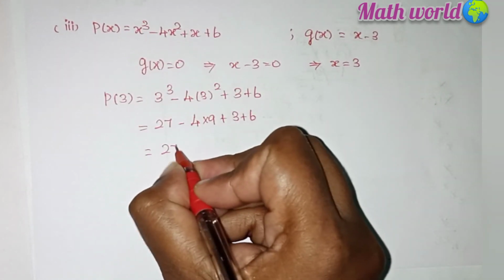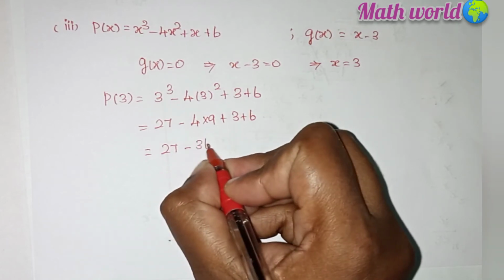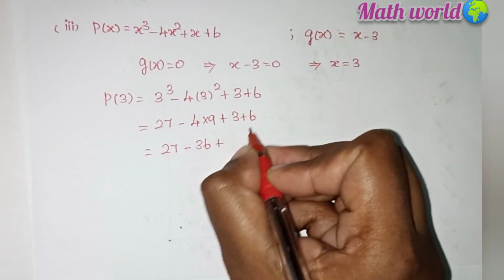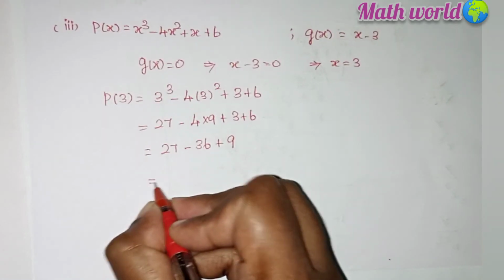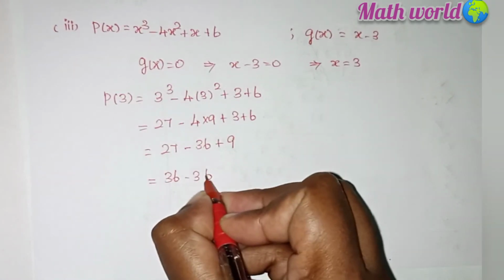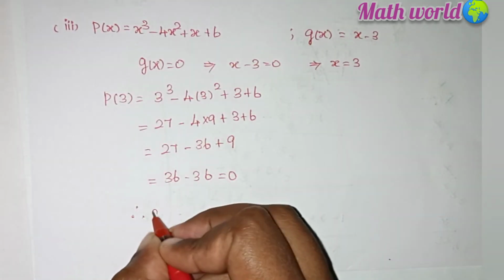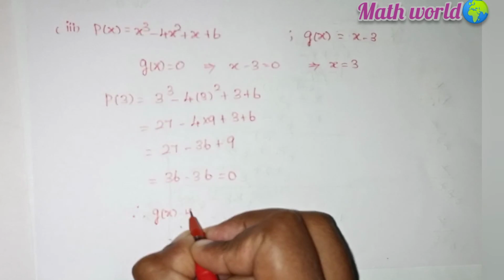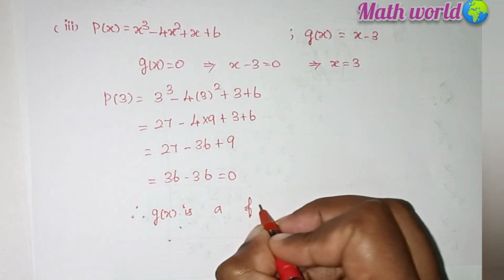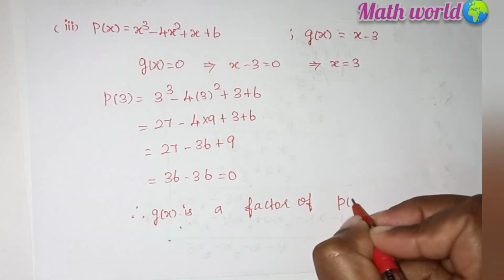So 27 minus 4 9s are 36, plus 3 plus 6 is 9. So you can add these two. It is 36 minus 36. That value becomes 0. So you can tell that g of x is a factor of given p of x.